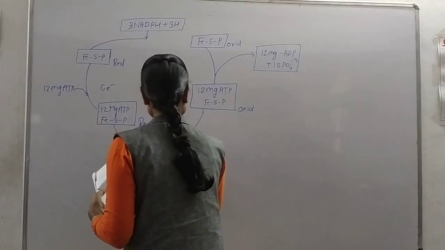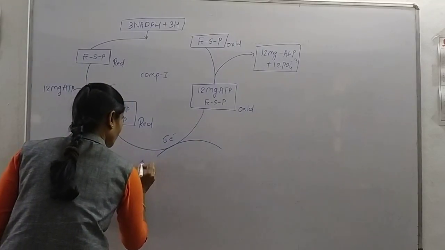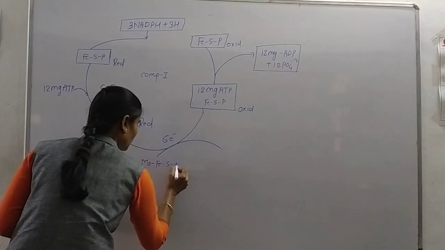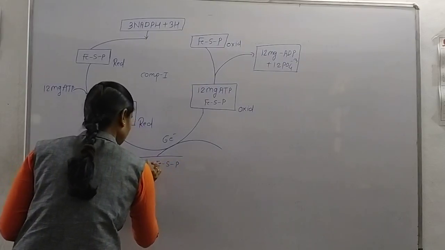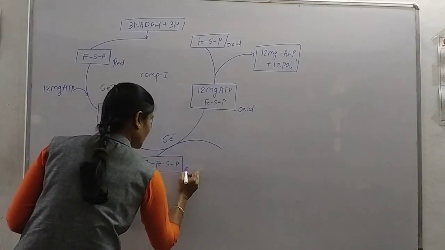Now component 2. Molybdenum iron sulfur protein, which is the oxidized form.